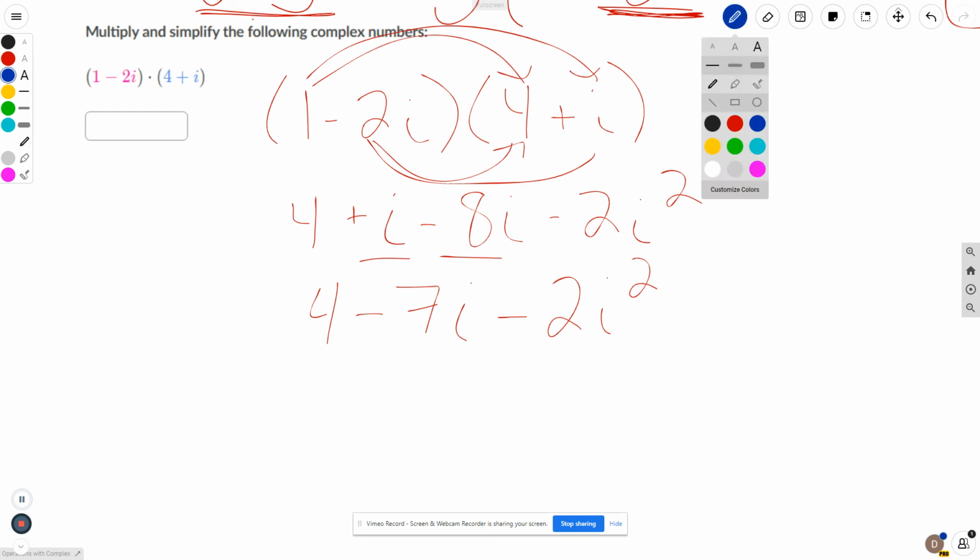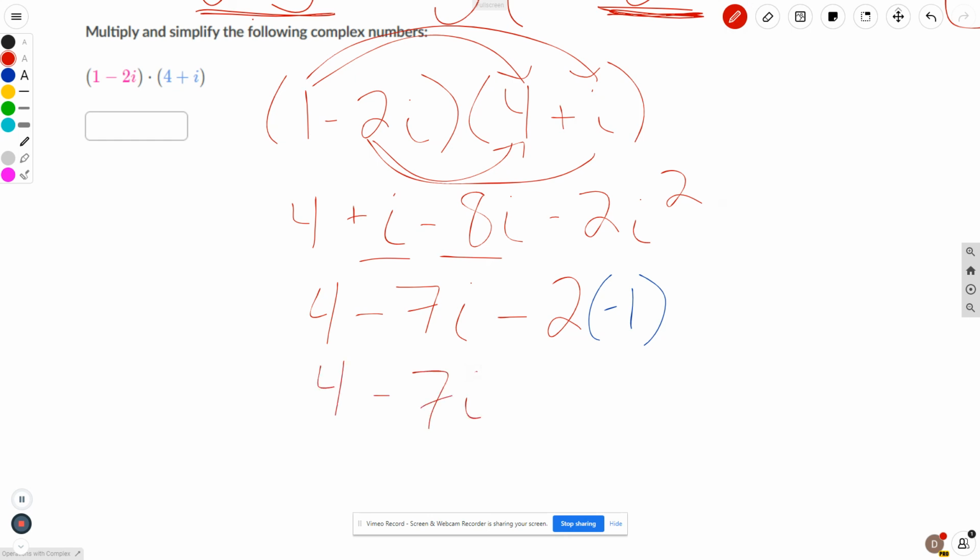So we're going to replace the i squared with a negative 1, because that's what it's equal to. So we get 4 minus 7i plus 2. We then combine these two like terms. We get 6 minus 7i, and that is the simplified form of it.